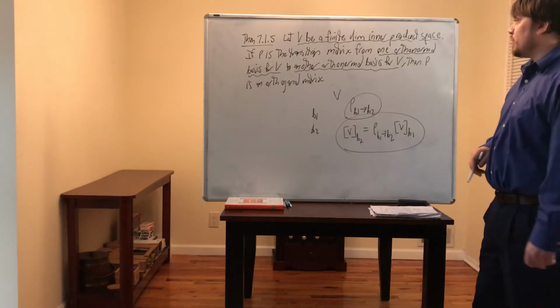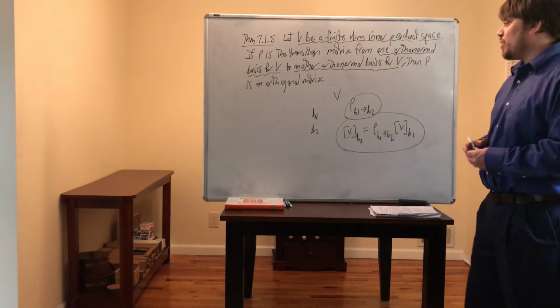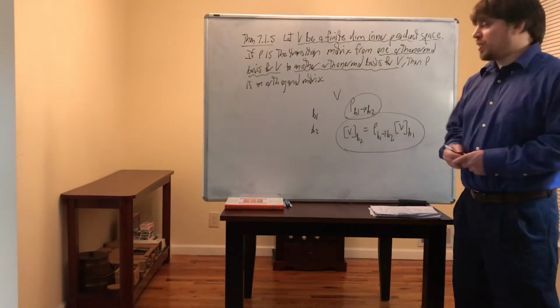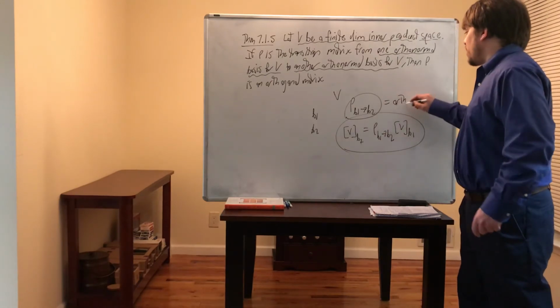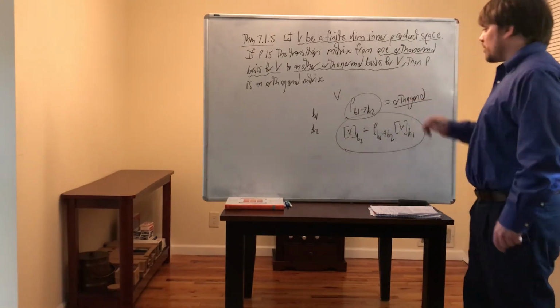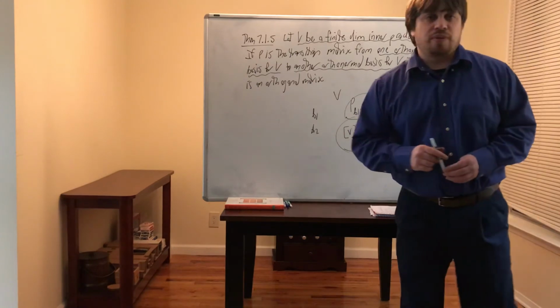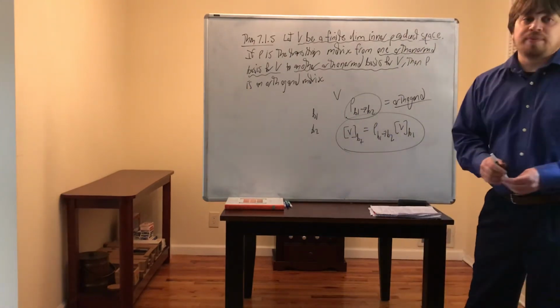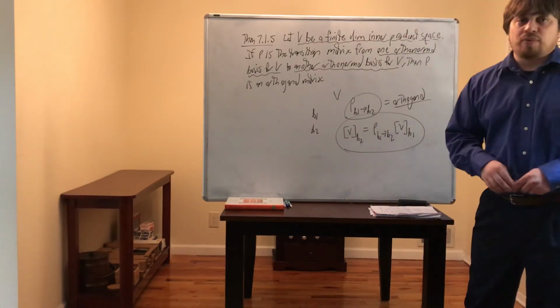The conclusion is that this transition matrix P is an orthogonal matrix, a matrix whose transpose is equal to its inverse. That's the conclusion of theorem 7.1.5.